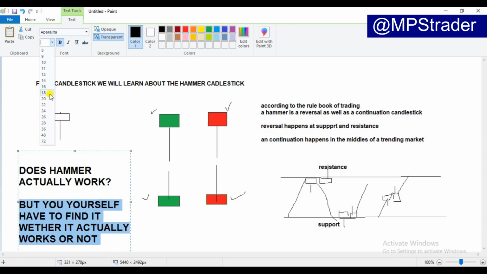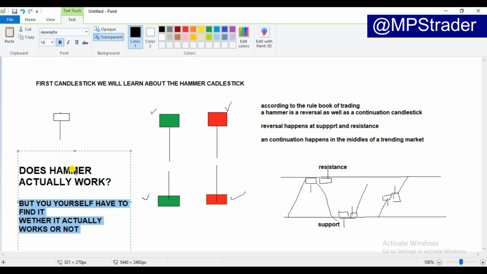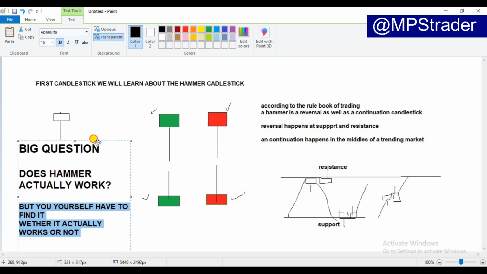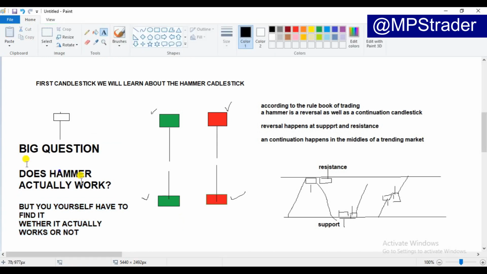So the big question is, does the hammer actually work? This is a big question, but you have to find it by yourself. I'm going to teach you, but you cannot just watch me and trade like that.